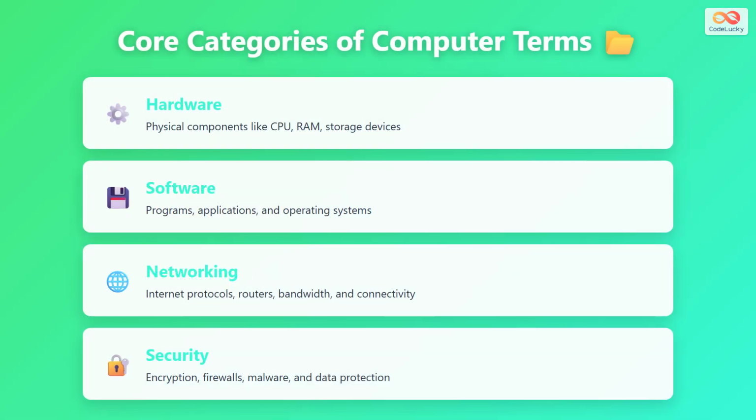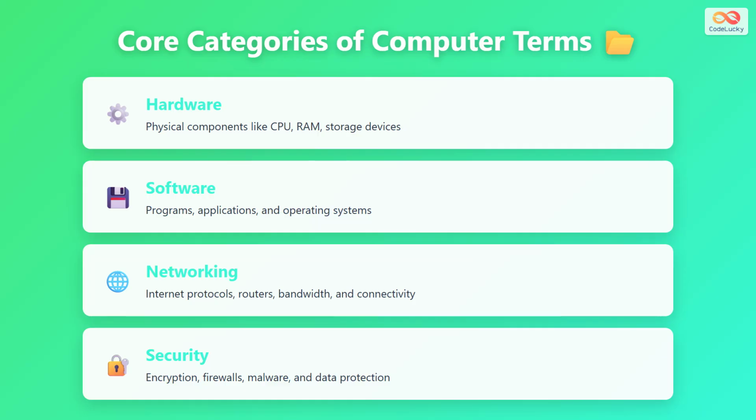Computer terminology can be organized into 4 main categories. Hardware terms describe the physical components you can touch, like the Central Processing Unit, or CPU, Random Access Memory, or RAM, and storage devices. Software terminology covers programs, applications, and operating systems that run on your computer.